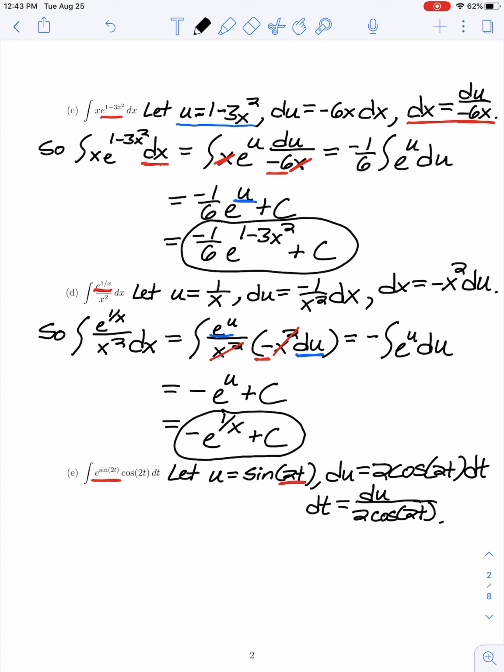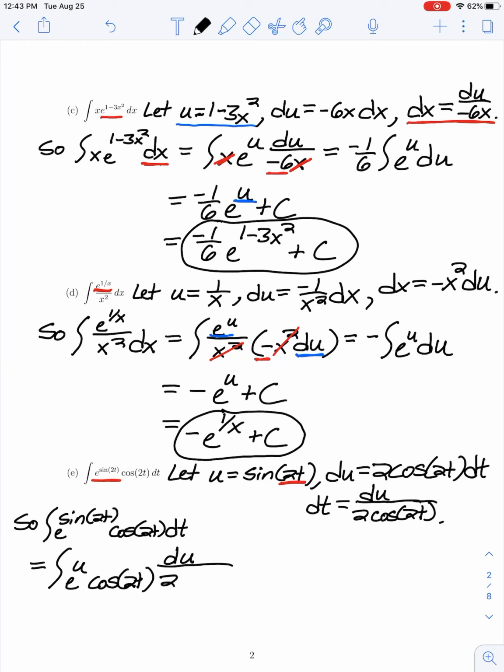So let's see what this buys us. If we go back to our original integral, which was e to the sine of 2t times cosine of 2t dt, and rewrite this in terms of u, I have the integral of e to the u times cosine of 2t, and then our differential dt on the end we solved for as du over 2 times cosine of 2t.